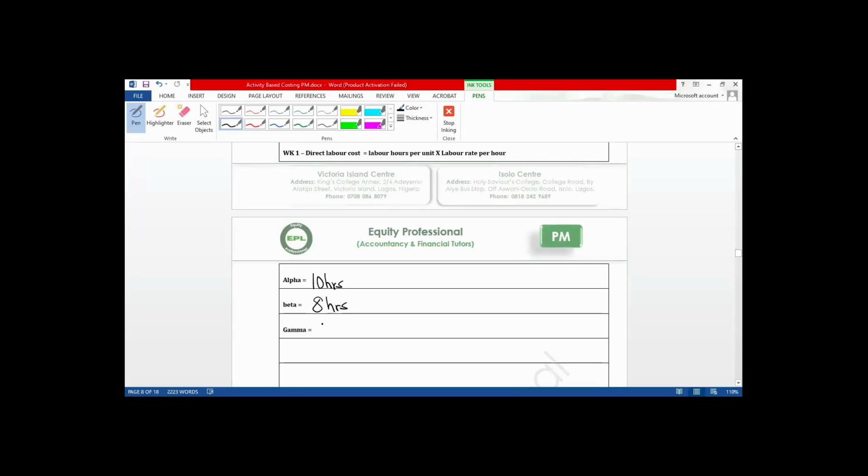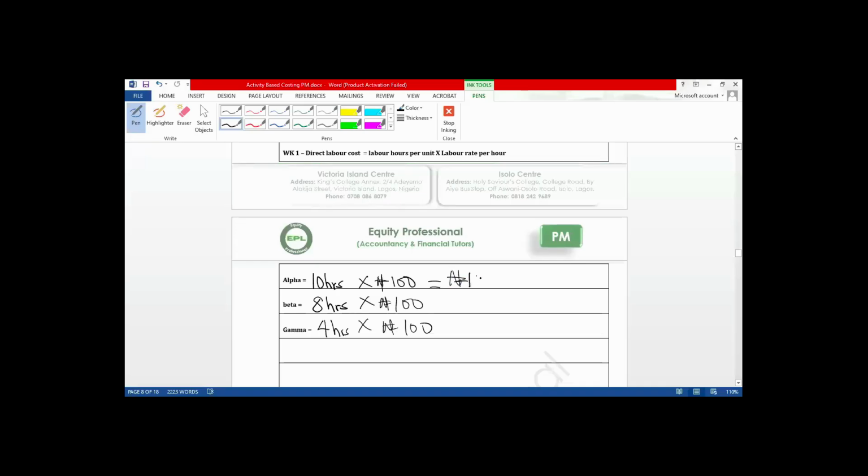For product Gamma, 4 labor hours. Examiner says labor rate per hour, 100 naira.